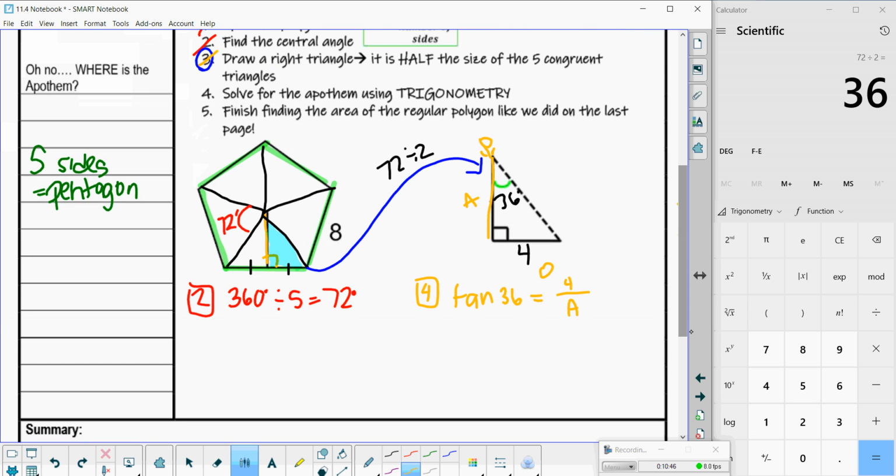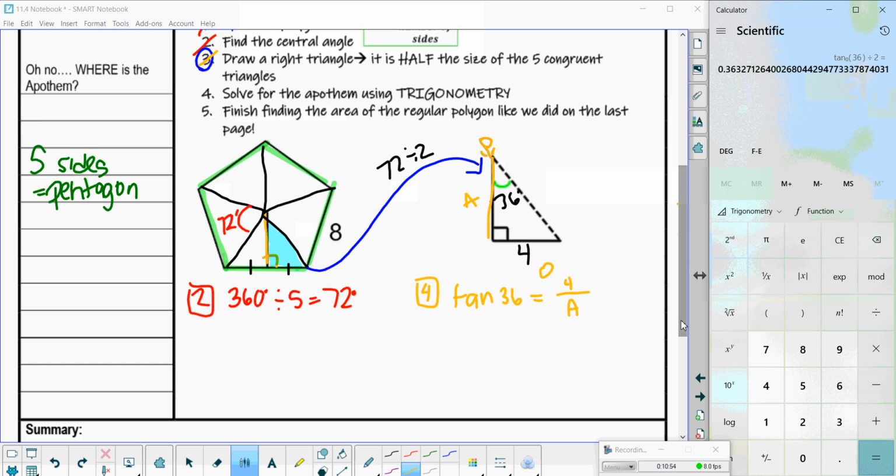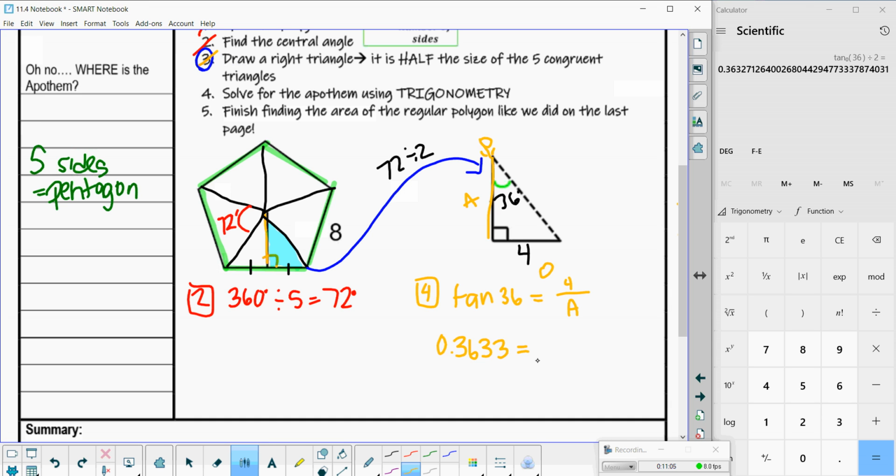Okay, so I'm going to type in tangent of 36. So remember in our calculator, 36, trig, tan, enter. So it's about 0.3633 equal to 4 over A, our unknown.